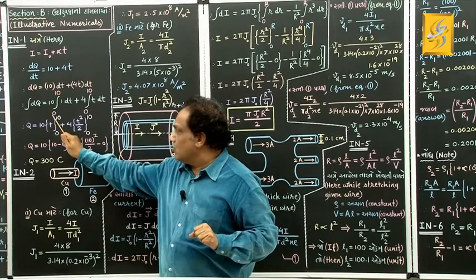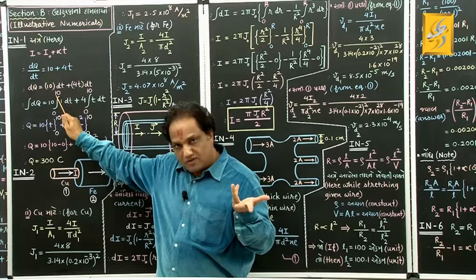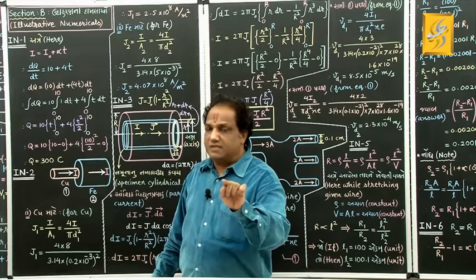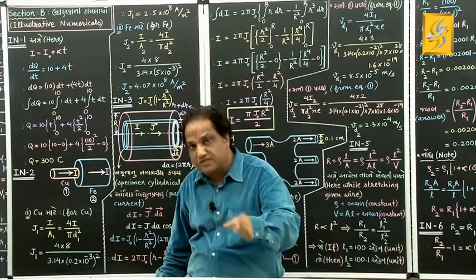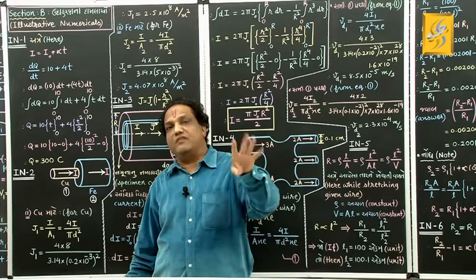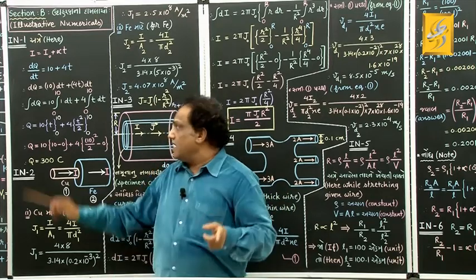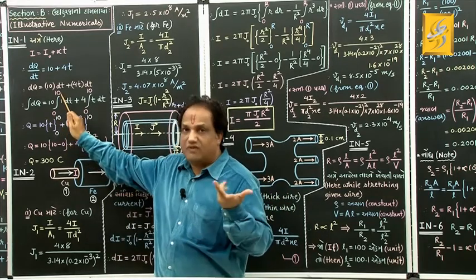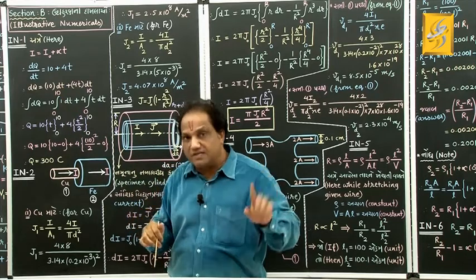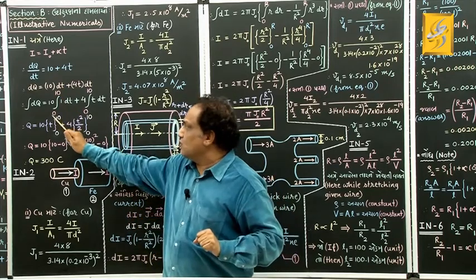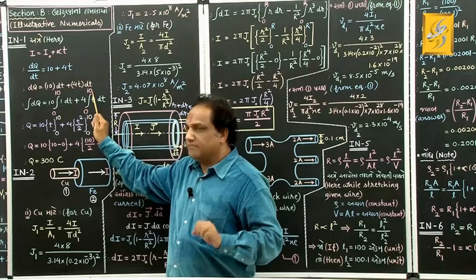Here lower limit is 0, upper limit is 10 seconds, got it? If they ask to find out total electric charge passing through the cross section of that conducting wire, say from 15 to 25 seconds, suppose, then you may write here 15 and here you may write 25, got it? But here they have asked only for the first 10 seconds, that is why the limits are from 0 to 10, got it?